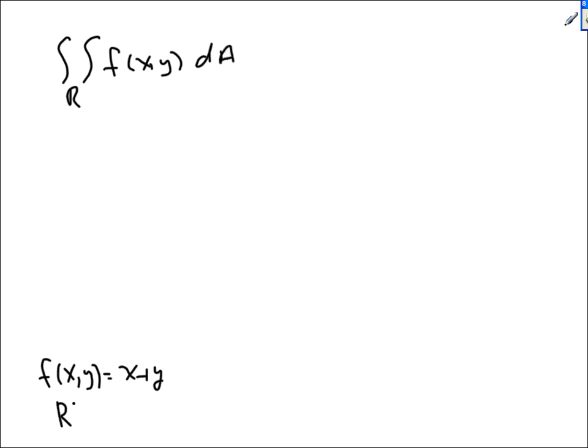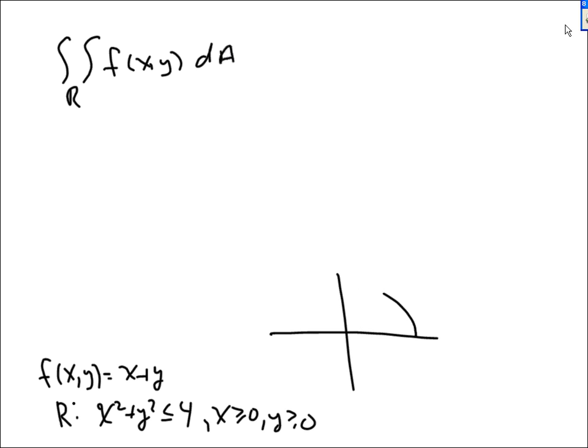And the region is the set of all points bounded by x squared plus y squared is less than or equal to 4, and x and y are non-negative. Well, x squared plus y squared equals 4 is this, where the radius is 2. Remember, that's r squared, so r is 2.